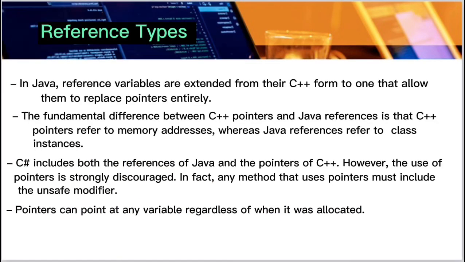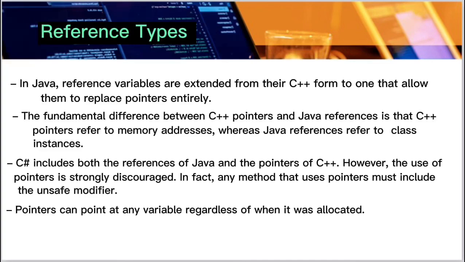In Java, reference variables are extended from their C++ form to one that allows them to replace pointers entirely. The fundamental difference between C++ pointers and Java references is that C++ pointers refer to memory addresses, whereas Java references refer to class instances.